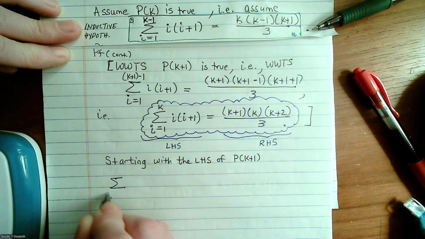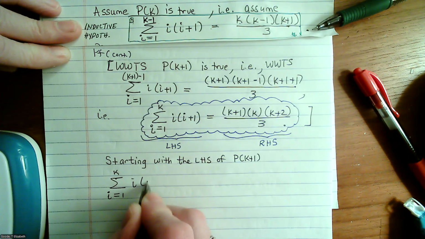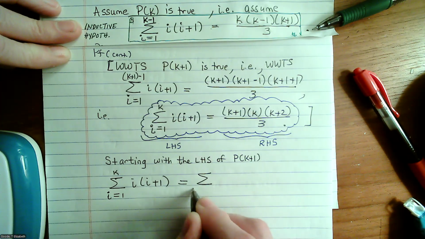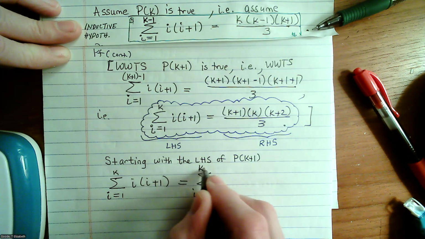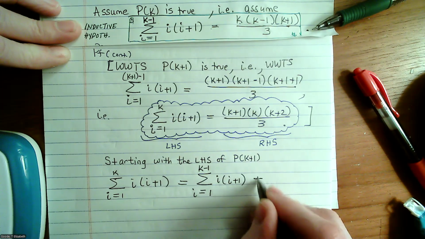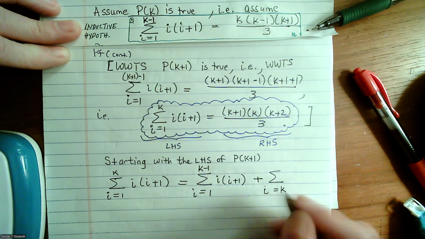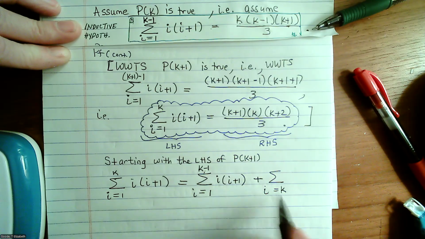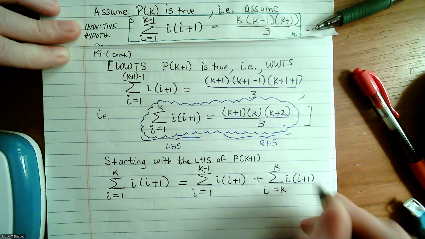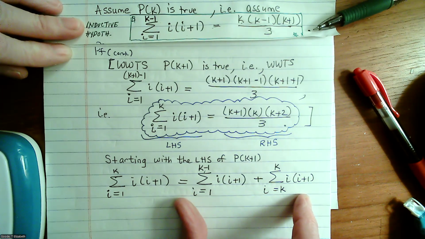It's the sum from i equals 1 to k of i times i plus 1. But isn't that the same thing as the sum from i equals 1 to k minus 1 of i times i plus 1 plus the sum starting right after that, which is k, because the next integer after k minus 1 is k, to k of i times i plus 1? Isn't this sum expressible like this?